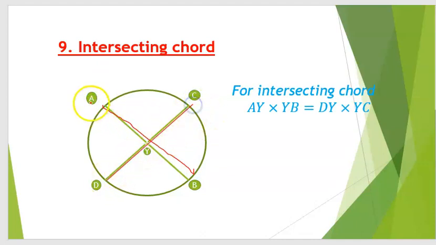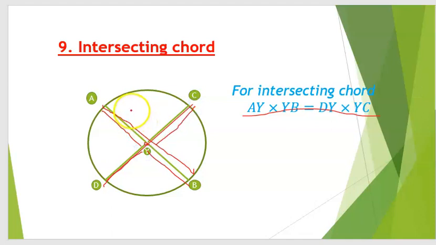For example, chord AB and chord CD intersect at point Y. Therefore, these two chords are related by AY multiplied by YB should be equal to DY multiplied by YC.